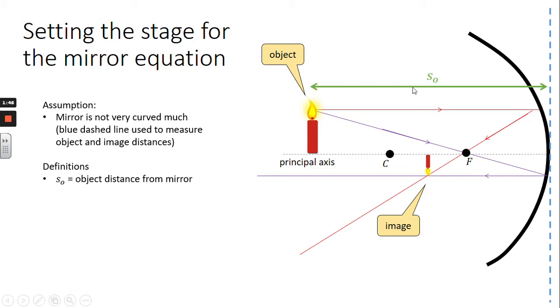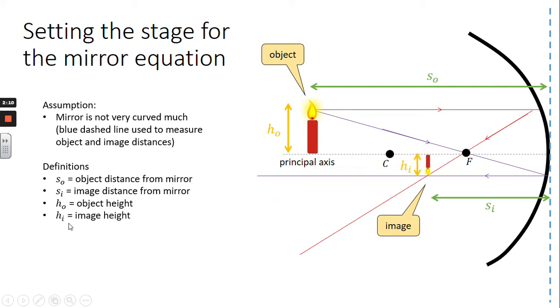So here's our object, and notice we're tracing that distance all the way back to this dashed blue line using our assumption that the mirror has a very low curvature. The image distance, this s subscript i, that is the distance from the image to the mirror. h subscript o, that's the height of the object. h subscript i, that's the height of the image.